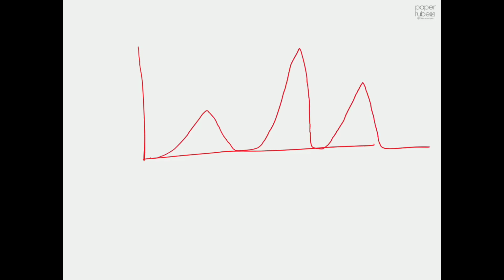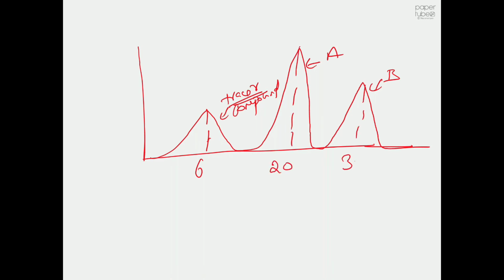So if I give in the exam something like this, say this is for compound B, this is for compound A, and this is your reference compound, or a tracer, and I give some numbers, say 6 minutes, 20 minutes, 30 minutes.